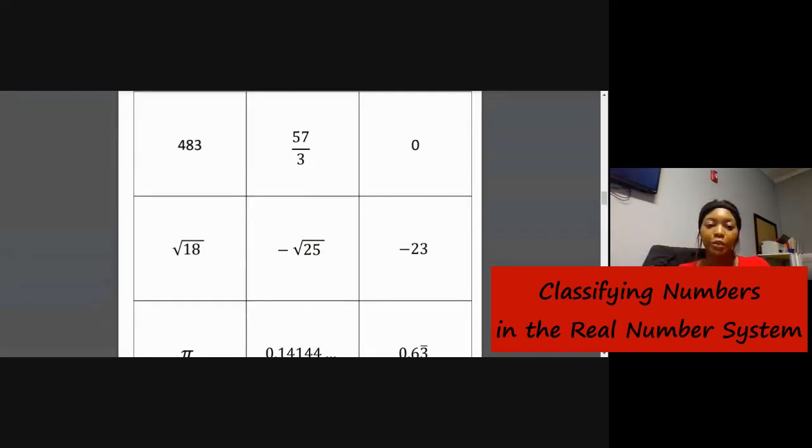Natural is counting numbers, so it's just whole numbers except for zero. It's not irrational. Zero, you can turn it into a fraction. All you gotta do is put a 1 under it, so it is rational.